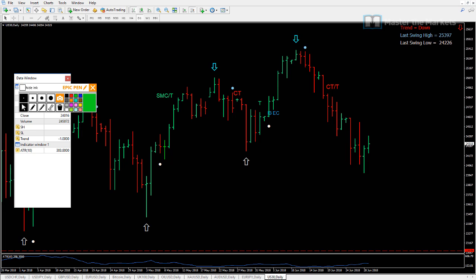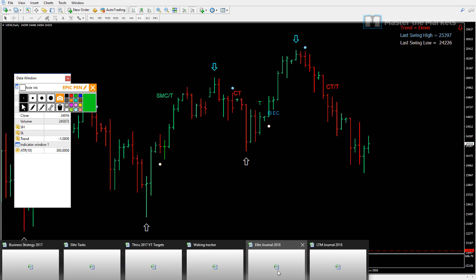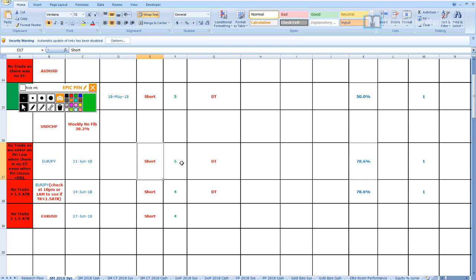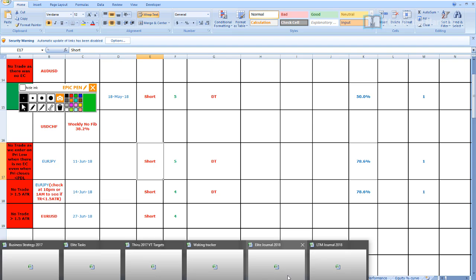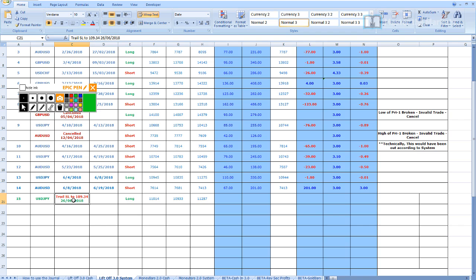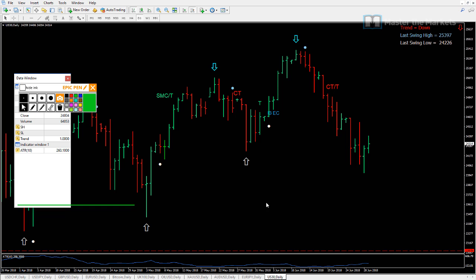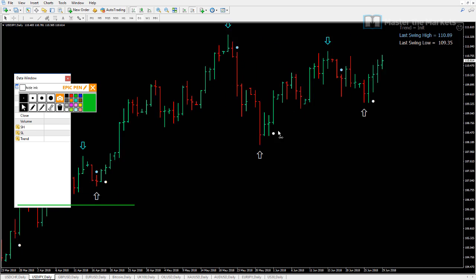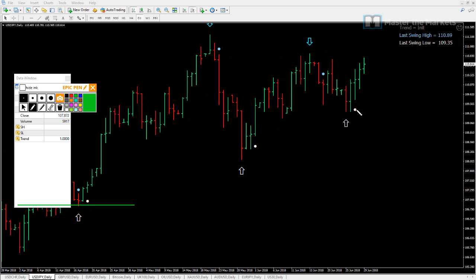Now coming back to our performance for the week: on the Elite Trading Systems, no trades at all have been taken, so it's pretty much quite flat at the moment for this week of June. In terms of the live trading room, we are currently in an open position on dollar yen. As you can see over here, we're currently in a long position.